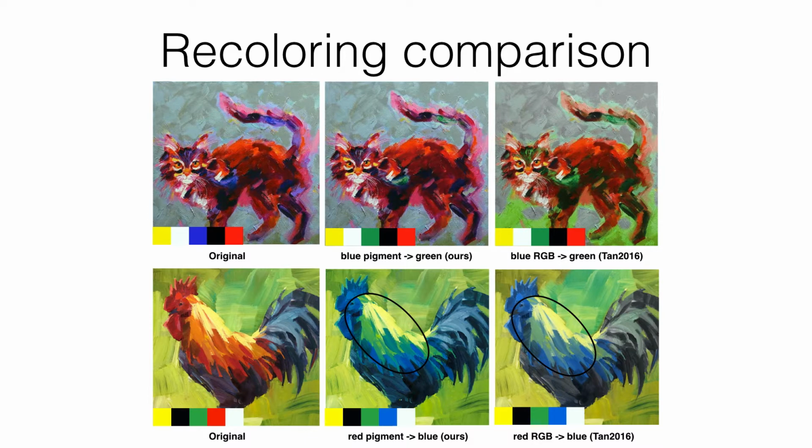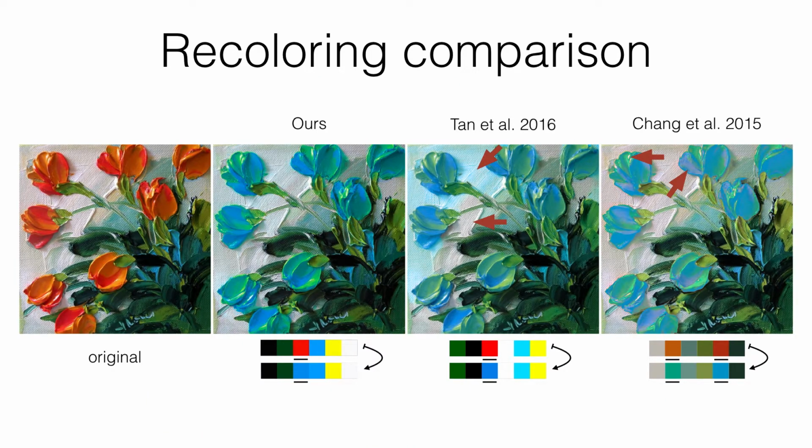using our Kubelka-Munk model, a more vibrant green is obtained from mixing yellow and new blue color in the circled region. Here we compare our Kubelka-Munk model-based recoloring result with the Porter-Duff model in Tan 2016 and the Gaussian mixture model in Chang 2015.